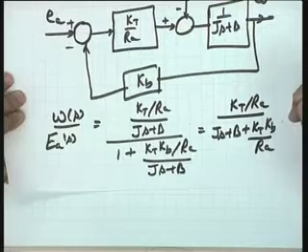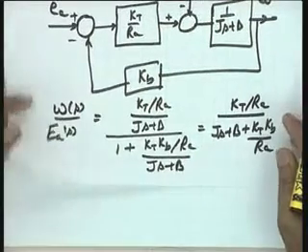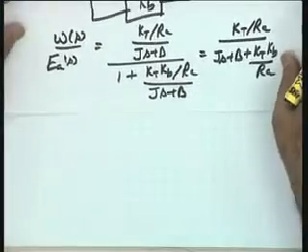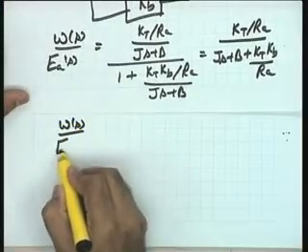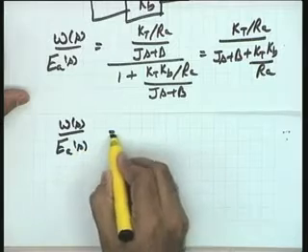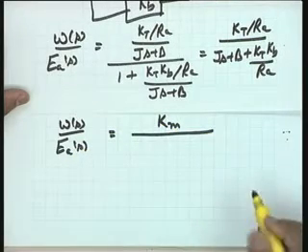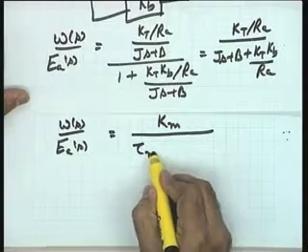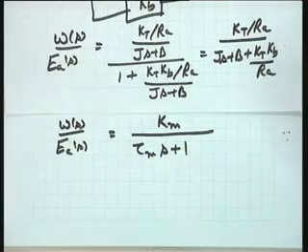Now, could you give me the transfer function model for the motor in terms of time constant? I would like to write this as omega s over Ea s is equal to Km, the motor gain, let me call it, divided by tau m s plus 1. It is a first order transfer function model, and tau m can be suitably written.